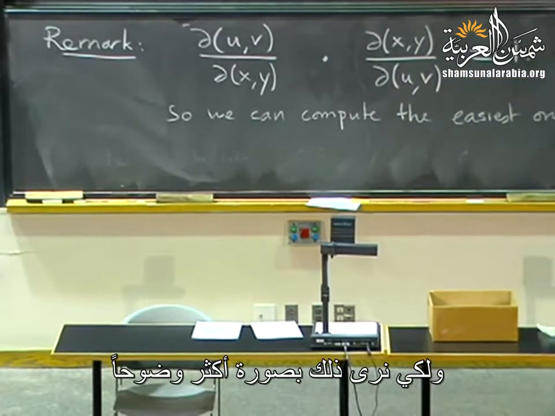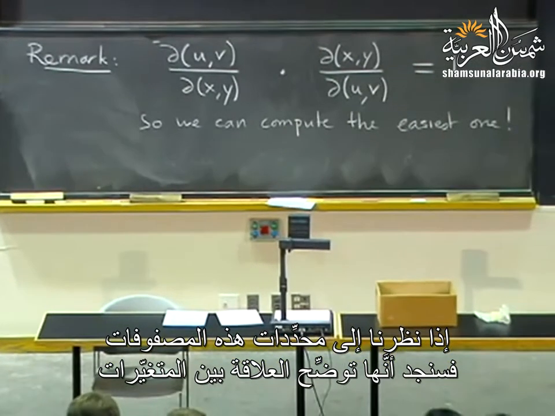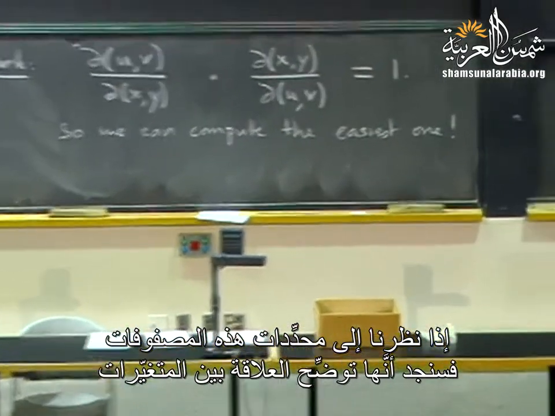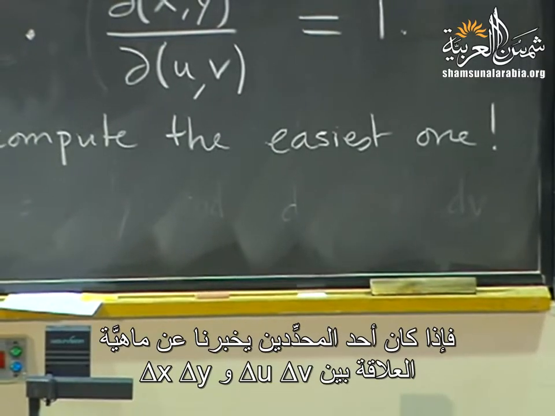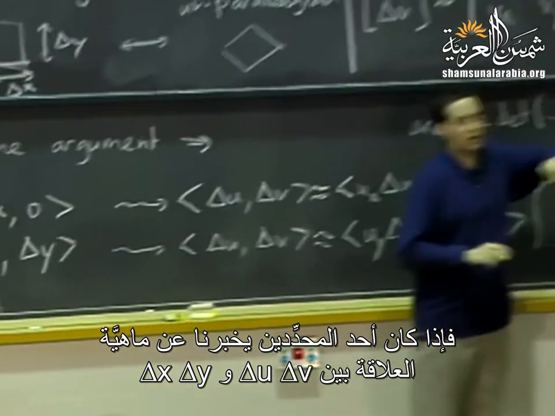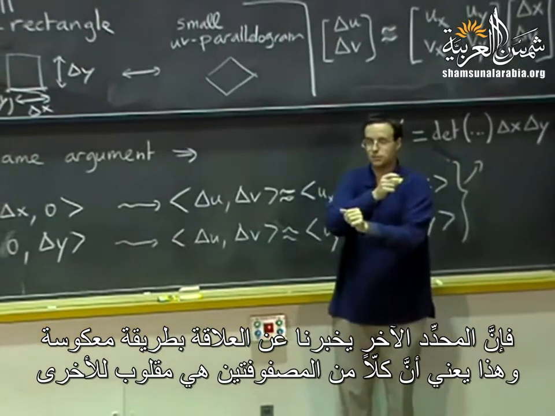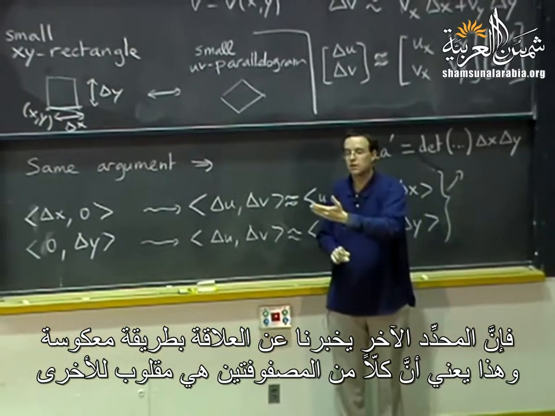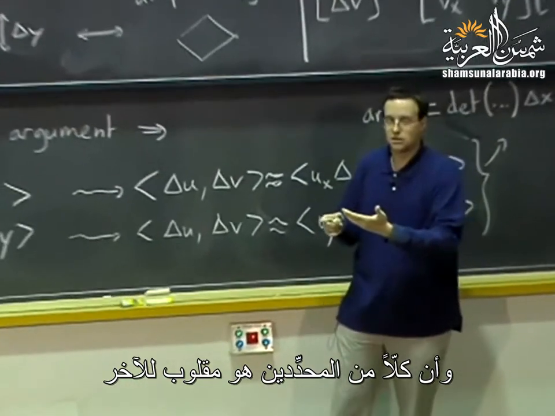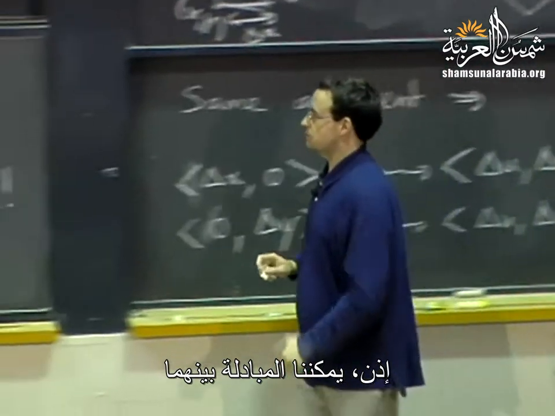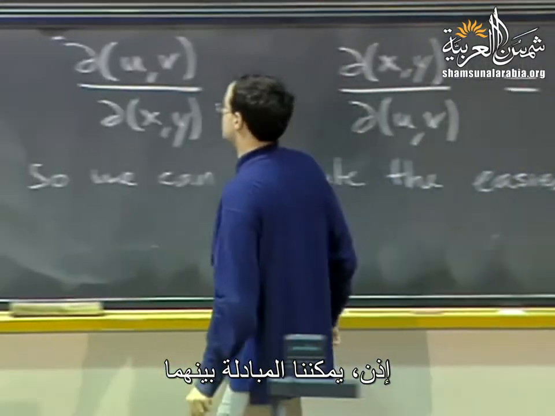And one way to see that is that we're looking at the determinants of these matrices that tell us the relation between the variables. So if one of them tells you how delta u, delta v relate to delta x, delta y, the other one does the opposite thing. It means they're the inverse matrices. And the determinant of the inverse matrix is the inverse of the determinant. So they're really interchangeable.